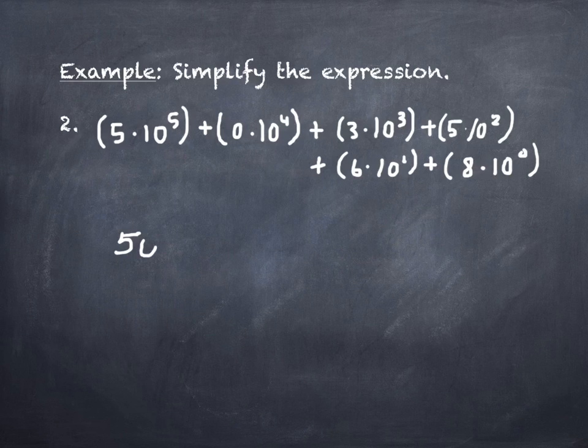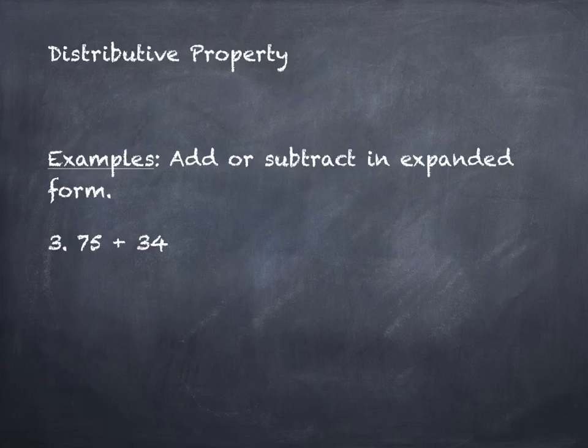We've got a 0 in the ten-thousands position right here. Then we've got a 3 in the thousands position. There's a 5 in the hundreds position, a 6 in the tens position, and then an 8 in the ones position. So we've got 503,568.